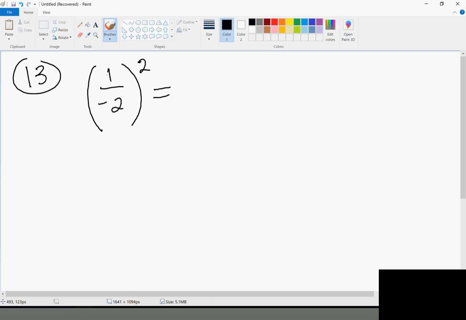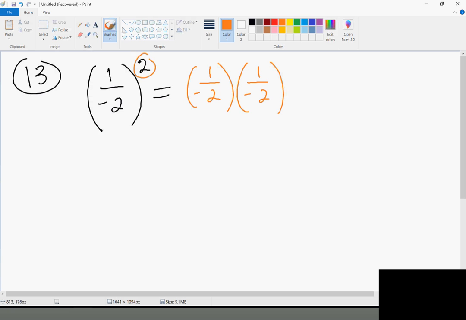You could do this a couple of ways, and I probably should look at how the book says it, but I'll show you both ways. One way to do it is to remember that the exponent is telling you how many times you are multiplying the base. What's in parentheses is your base in this case. So we're doing 1 over negative 2 times 1 over negative 2.